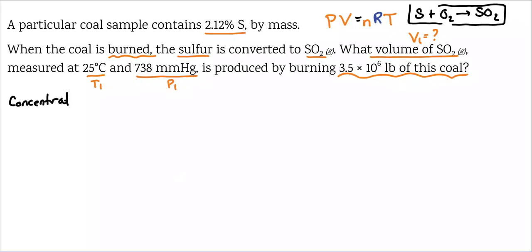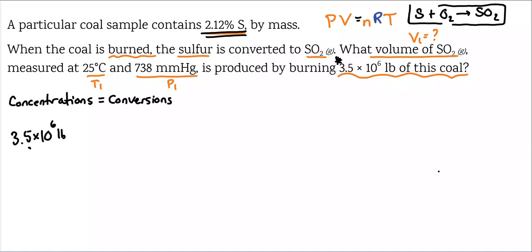We are not going to start with our percentage by mass because concentrations like that are conversions. They're going to allow us to move from one thing to the next, from the part to the whole, or from the whole to the part. We're going to go ahead and start with our 3.5 million pounds of coal. And since this is a mass, and if we look at our mole bridge, we'd realize that we need to move from mass to moles.